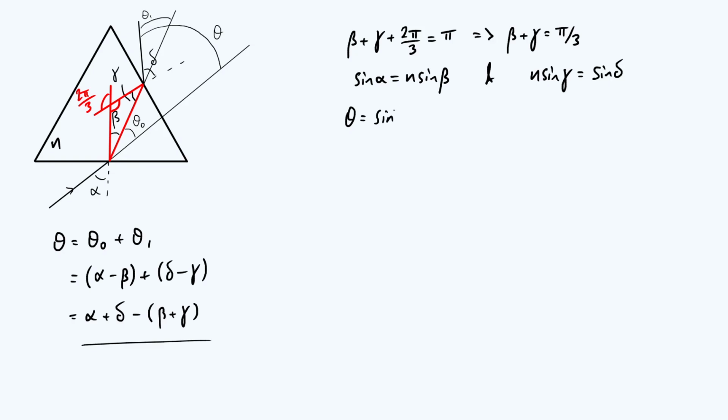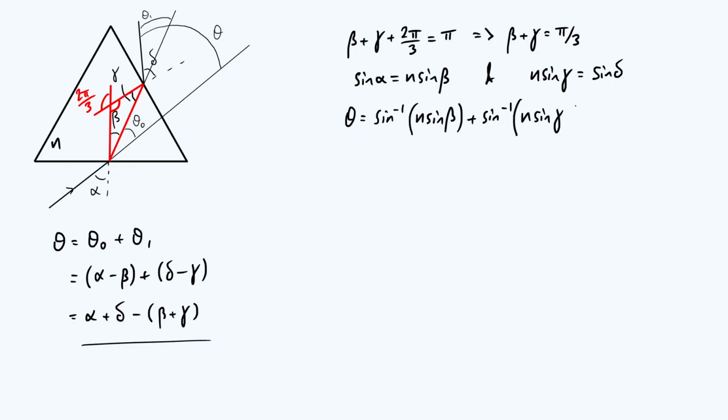So alpha is the same as inverse sine of n sine beta, right? Now the delta term in our deflection theta, we can rewrite from that second application of Snell's law, right? Delta is going to be inverse sine of n sine gamma, right? So I'm going to add on inverse sine of n sine of gamma.